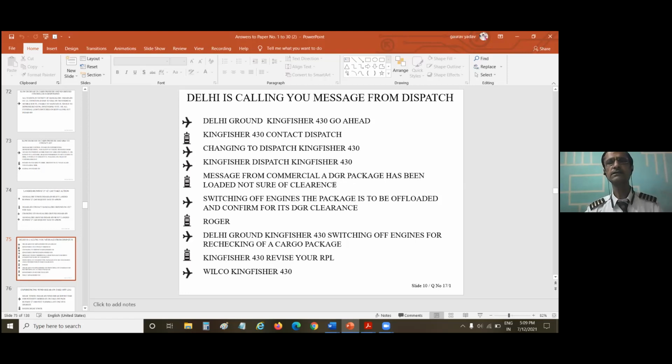That means we have labeled it a DGR package. The identification is a DGR. A DGR is written on the package for identification of the package. Has been loaded means it has been put on your aircraft. Not sure of clearance means we are not sure whether it is cleared by the security, whether it has undergone the security check.